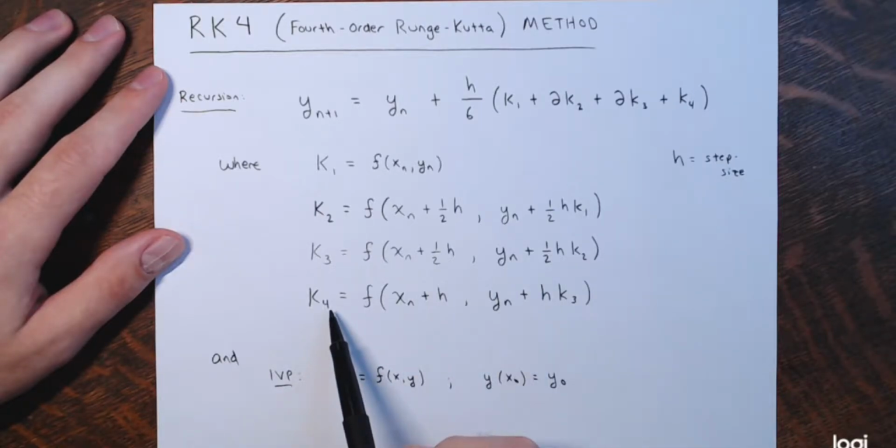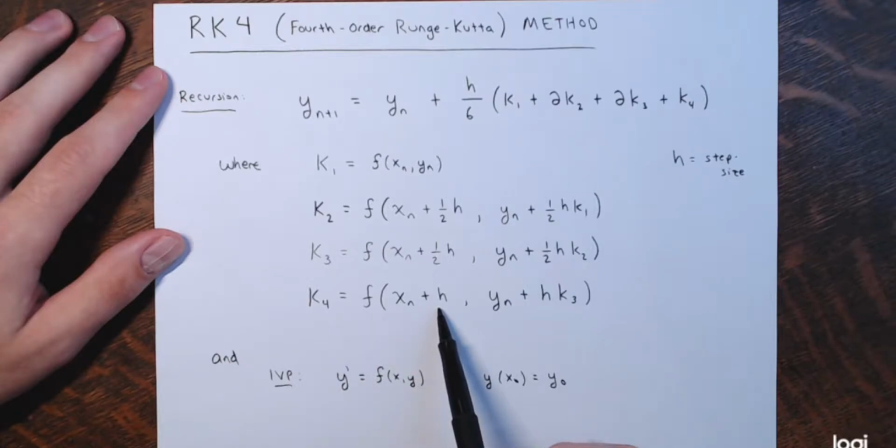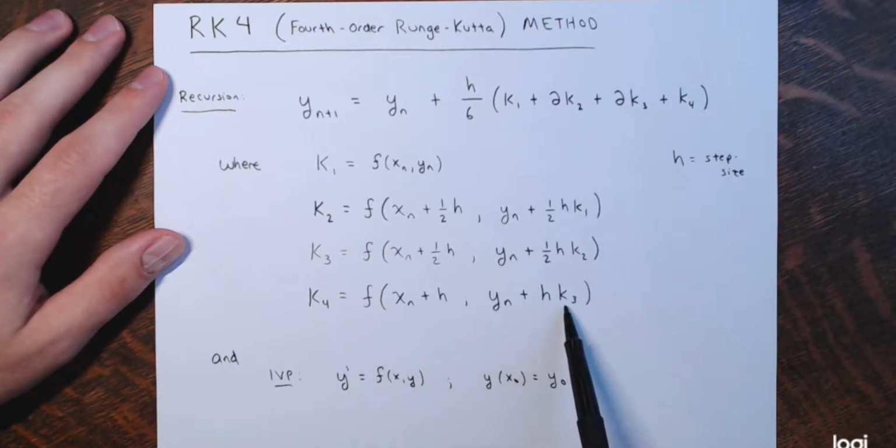And then k4 is f of x_n plus h, y_n plus h times k3.